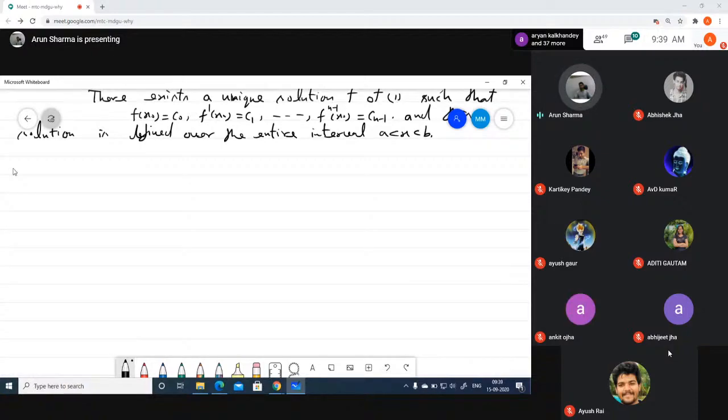So if you see examples based on this, consider the initial value problem. IVP means initial value problem. d2y upon dx2 plus 3x dy upon dx plus x cube y equals e to the power x.